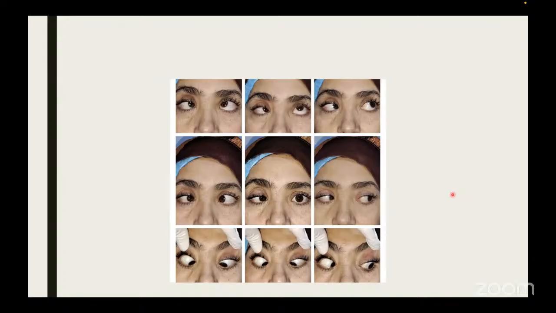Just like we said, if there is no abduction at all, and it is all overcome by the medial rectus, the eye has moved inward from the primary position. But what other things will help you?